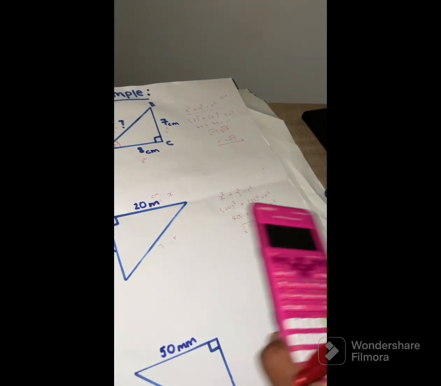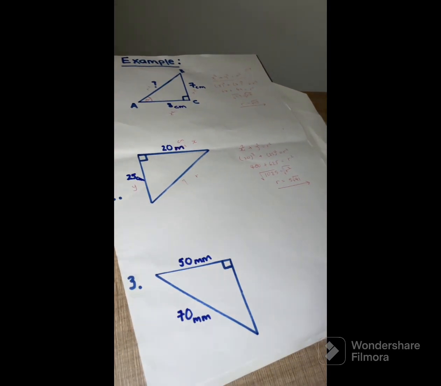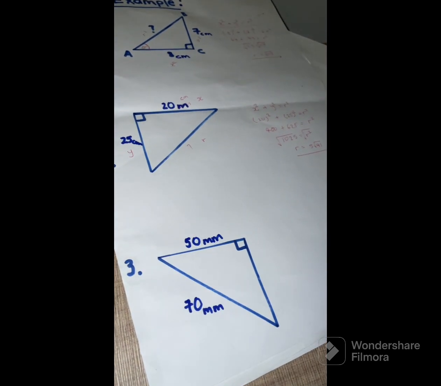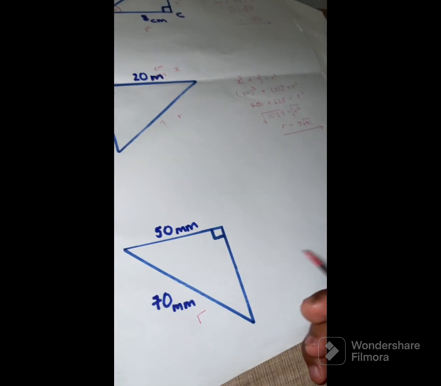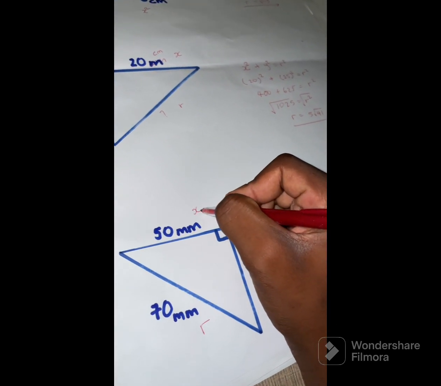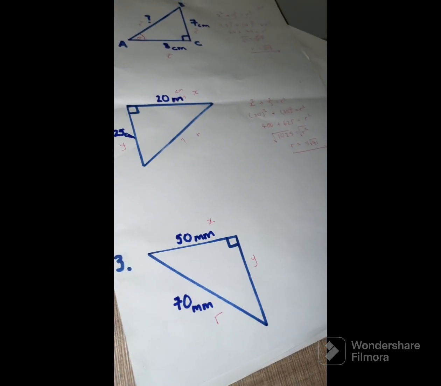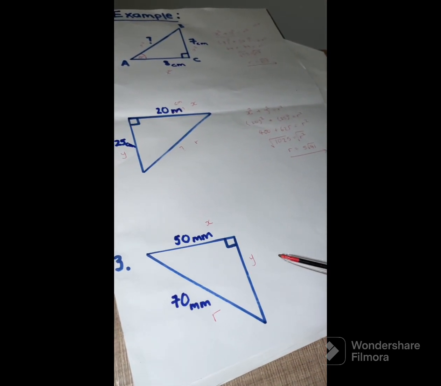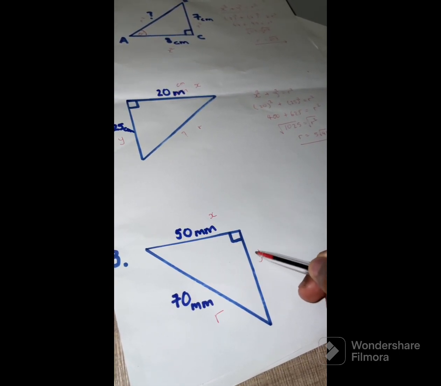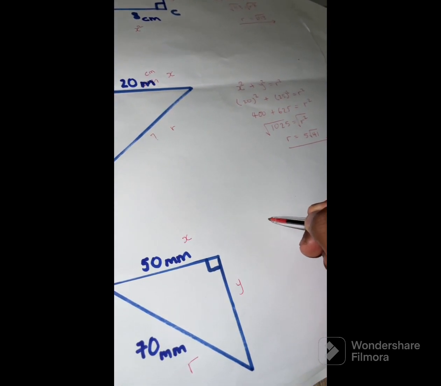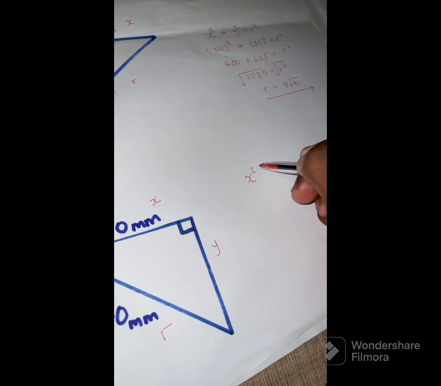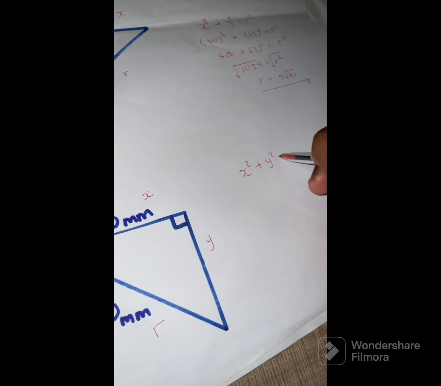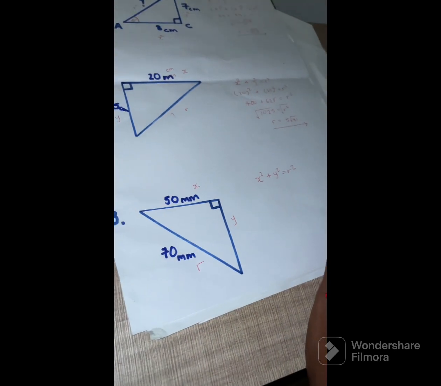Last but not least, in this case, let's first identify our hypotenuse side, which is this one, then this is our adjacent side, and this is our opposite side. In this example, we are looking for our opposite side. So we first write our standard formula, x squared plus y squared is equal to r squared.